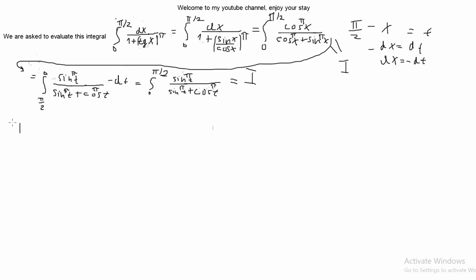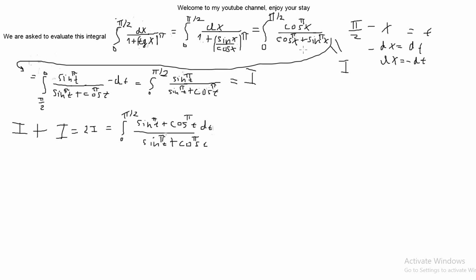I plus I equals 2I, which equals the integral from 0 to pi over 2 of sine of t to the power of pi plus cosine of t to the power of pi over sine of t to the power of pi plus cosine of t to the power of pi, dt.